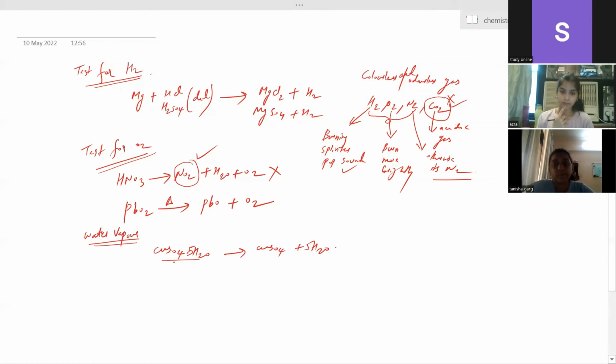What will be the color of hydrated copper sulfate, Tanisha? Blue. And what about anhydrous, without water vapor? No, it's white color. So if hydrated copper sulfate is heated, it forms anhydrous, white. If white color is formed, then we can indicate the presence of water vapor.